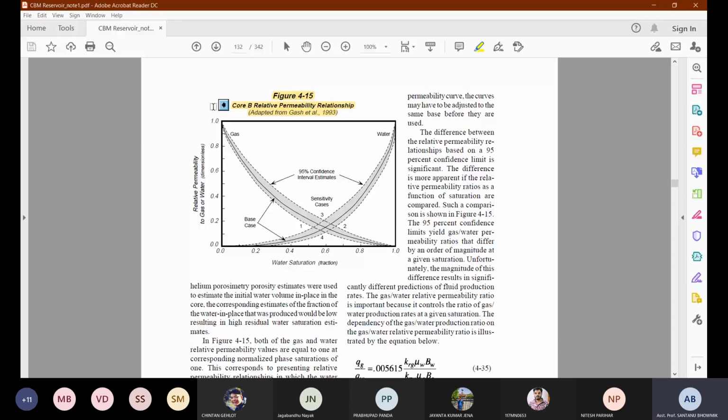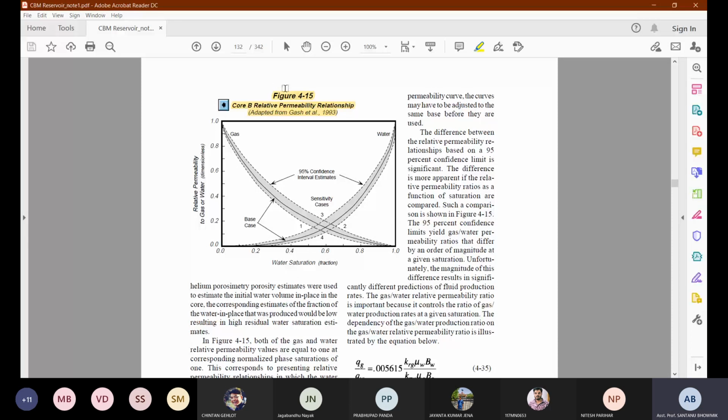Otherwise, you will not be able to get the gases. That's why you need to understand this. These two are contradictory, that's why it is giving the rectangular hyperbola. Okay, so please try to understand this graph.